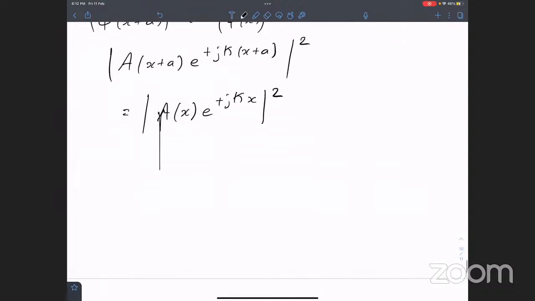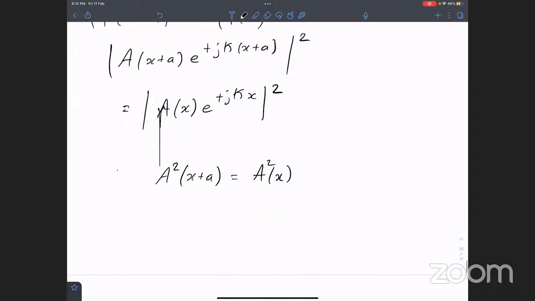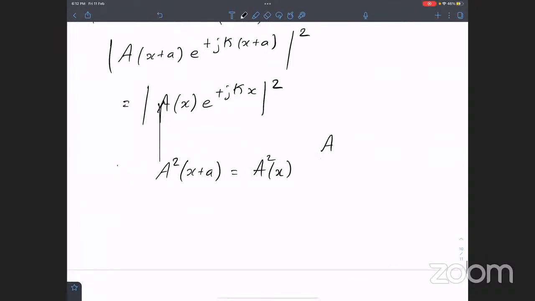So this implies two things. We'll work it out. a squared of x plus a must be equal to a squared of x, which implies that a itself is a periodic function, and its period is also a.